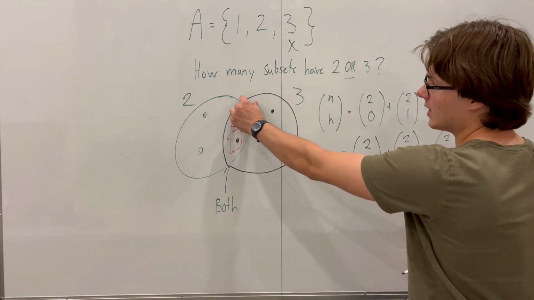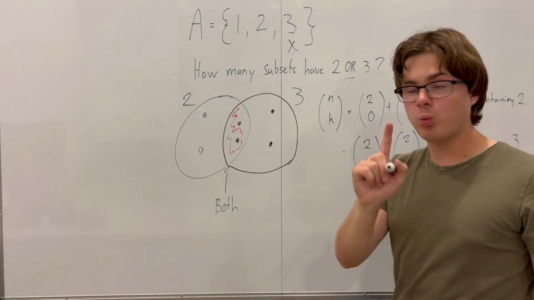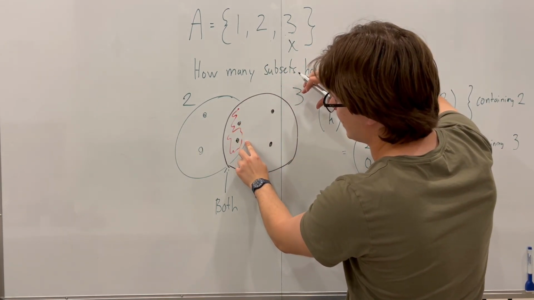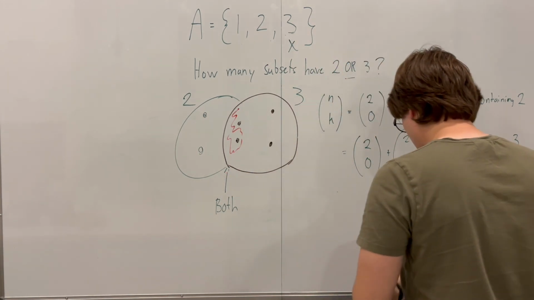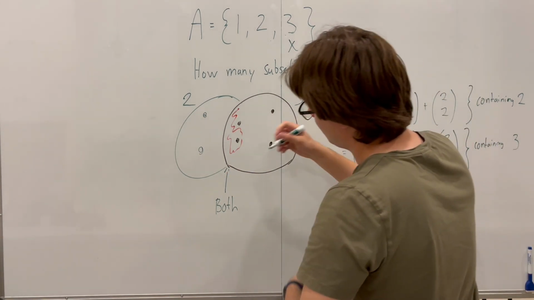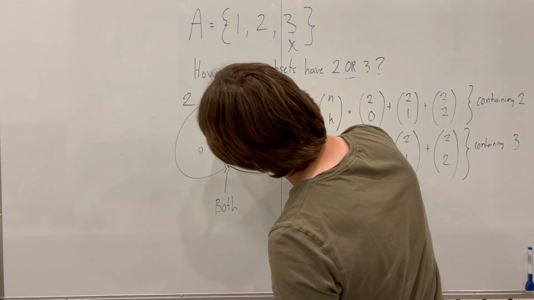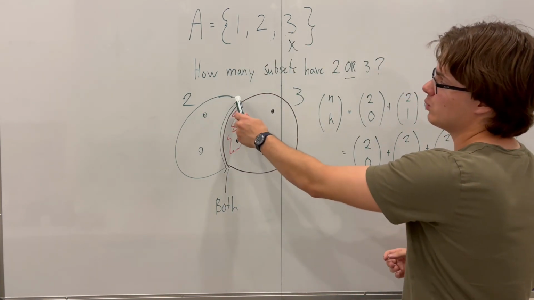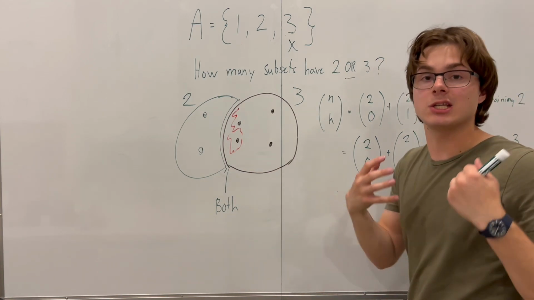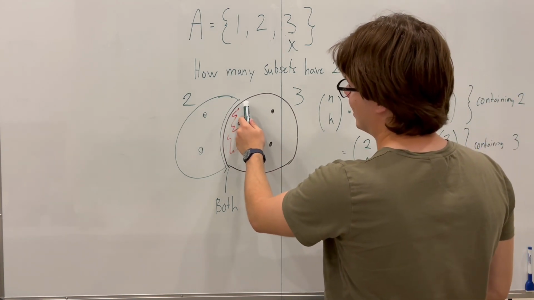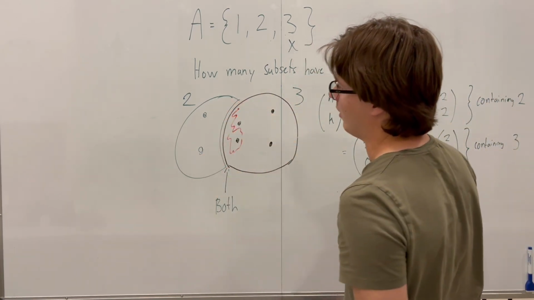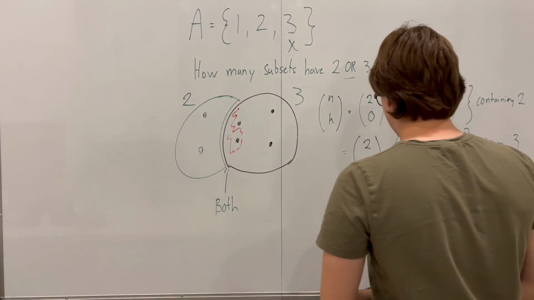So we're just going to subtract this area that overlaps once, because that way one of the circles stays whole, and it'll be like saying this, right? It'll be like having this whole circle plus this little circle with a bite taken out of it. That's really what we're doing when we subtract it, is we no longer have this area overlap and double count the sets. We're instead just going to say, okay, these sets are going to belong to the 3, and we're just going to count the others for the 2. So that's what we're going to do here.